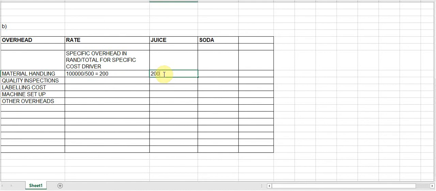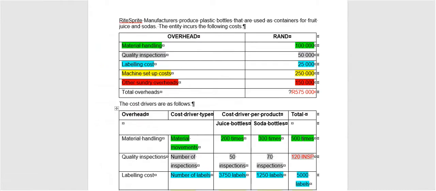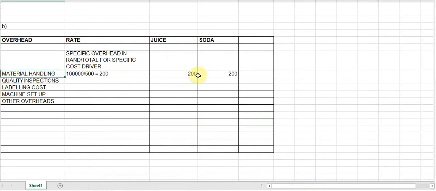I'm going to copy the 200 under each product, and then I need to go and multiply this 200 I just calculated by the specific cost driver for that product. Going back to the question, it was 200 times for juice, 300 times for soda. So I'm going to say the rate 200, and I'm going to times it by 200, and then here I'm going to times it by 300.